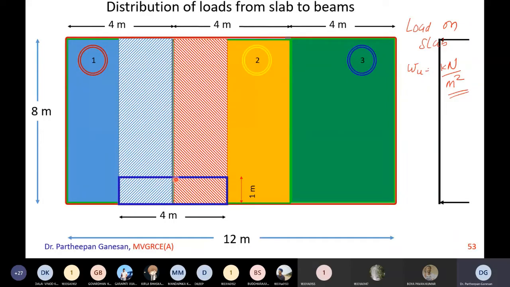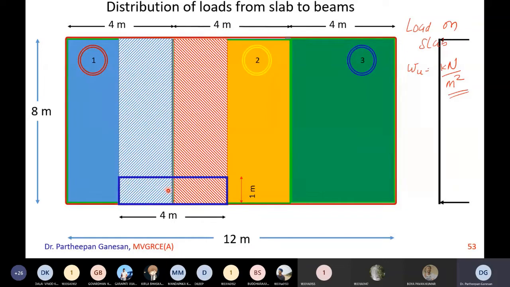If you take only 1 meter length of the beam, this 1 meter length should always take the load from the entire area. So let us say Wu is so many kilonewton per meter square. So Wu into 1 into 4 will give me the total load on the slab in this area.